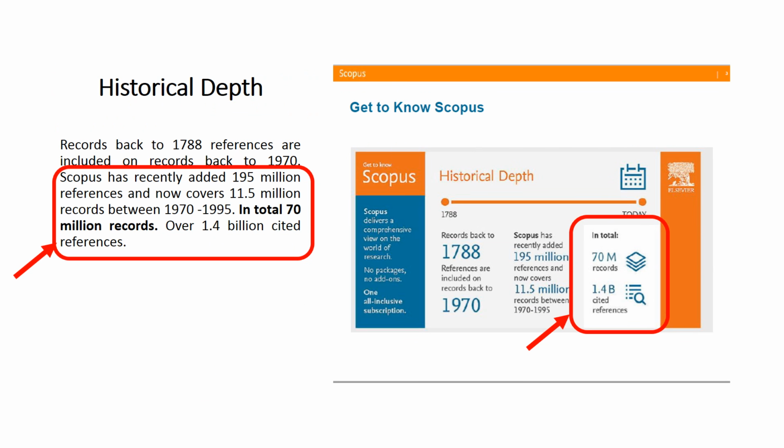Scopus has recently added 195 million references and now covers 11.5 million records between 1970 till 1995. In total, 70 million records, over 1.4 billion cited references.